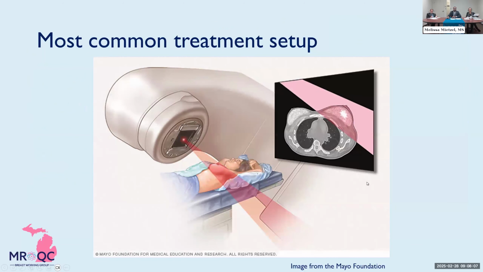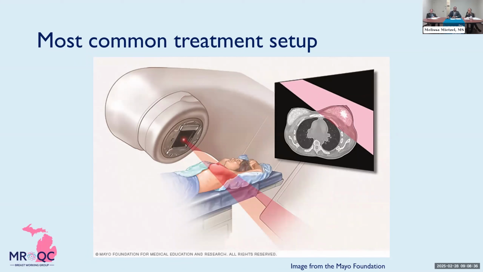So the most common treatment setup for breast RT is the supine treatment with arms up. And this provides quite a bit of flexibility when it comes to treating the whole breast, as well as any involved nodes. Even a two-field treatment is sometimes used to treat level 1 and 2 nodes.